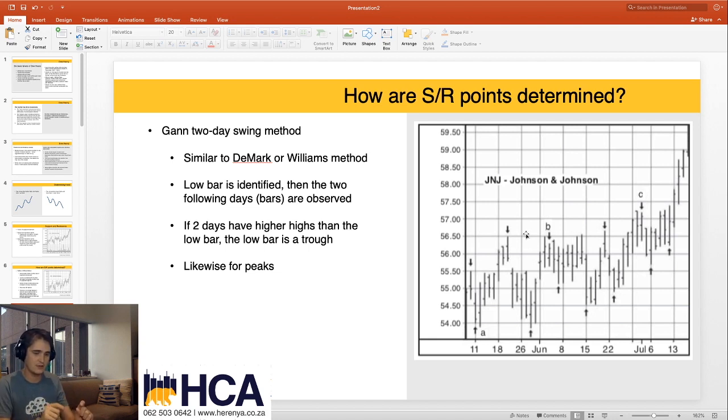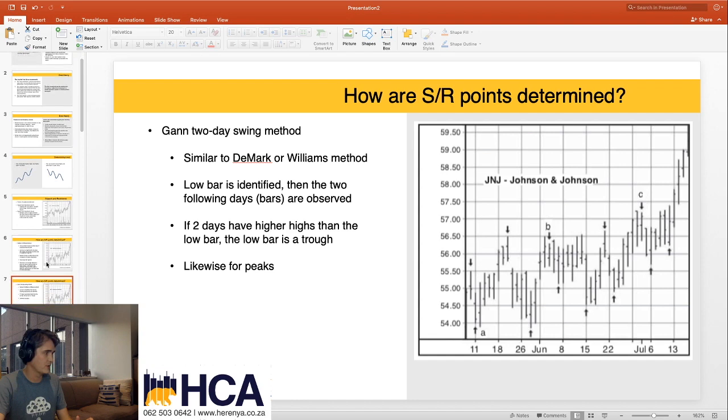If you are looking for a support level, you observe for another 2 days, and if those 2 candles each have higher lows than the suspected support candle, then you have a support point, right? So these are basically how you determine support and resistance levels.